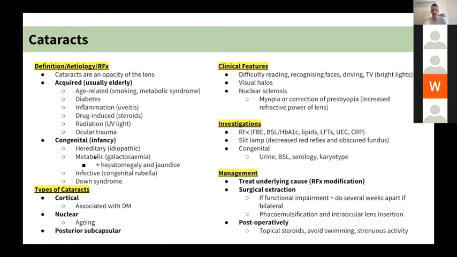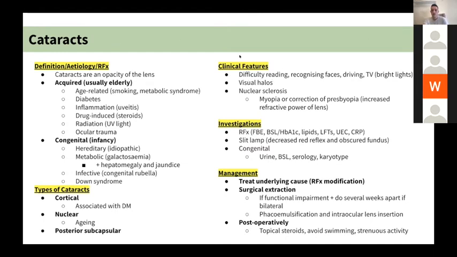In terms of where they are, they can be either cortical, so around the edge of the lens, nuclear, which is in the middle, or posterior subcapsular, so at the back. But again, doesn't really come up that much, so don't worry too much about that.